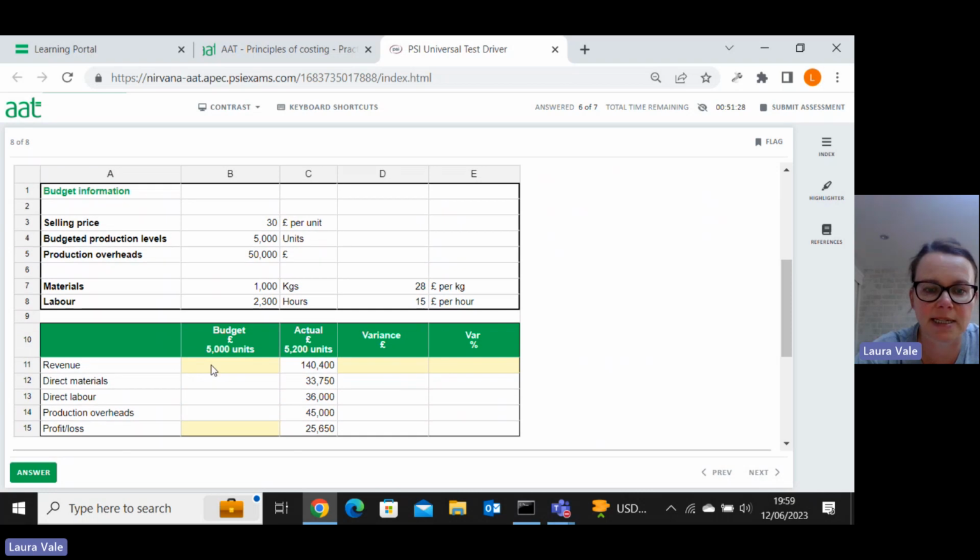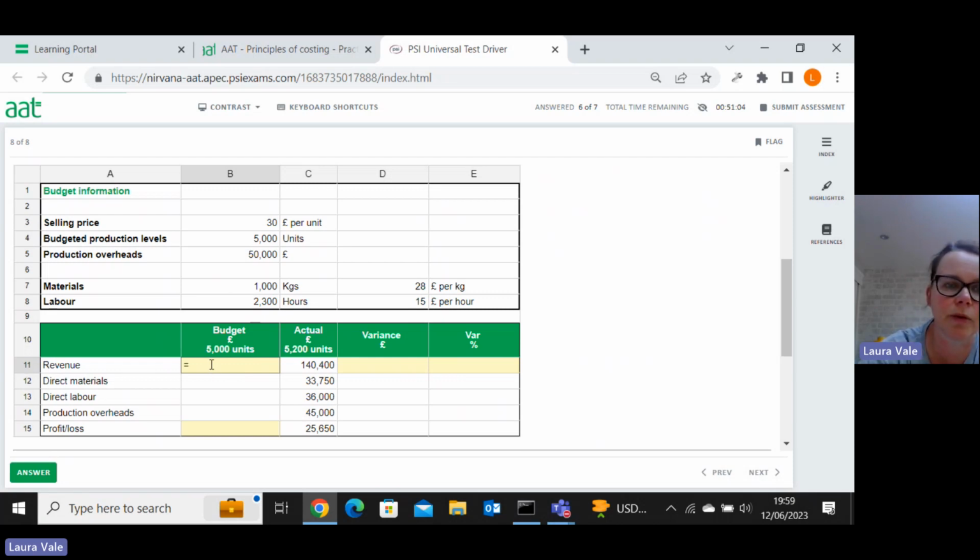Right, so it's a flexed budget. Well, it's not, actually it's not a flex budget, it's just a budget, sorry, I'm getting ahead of myself to level 3 there. So revenue is going to be the 5,000 units times the £30 selling price, and we've got to do a formula here.